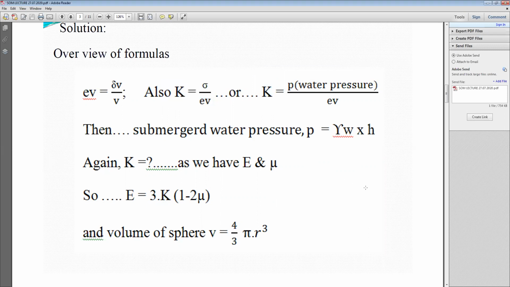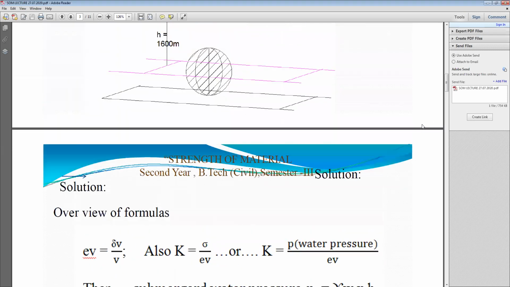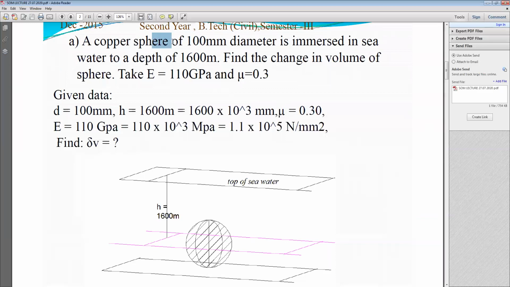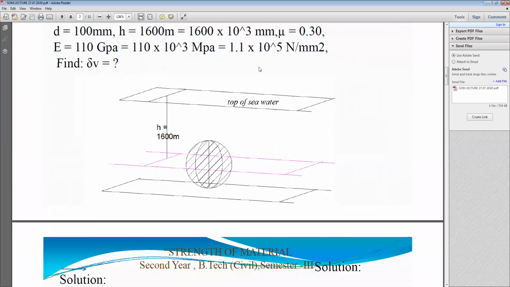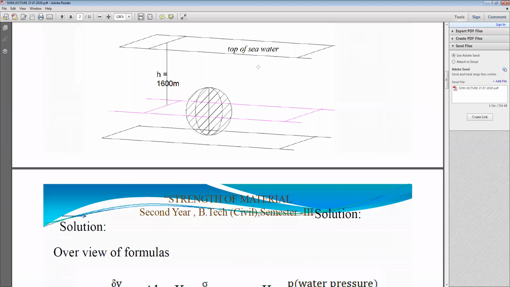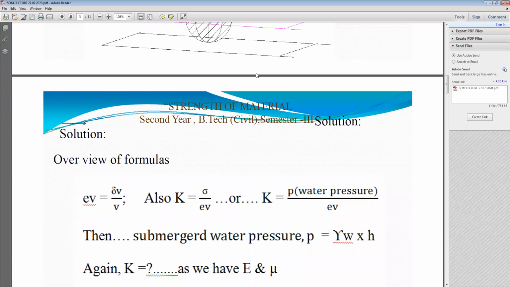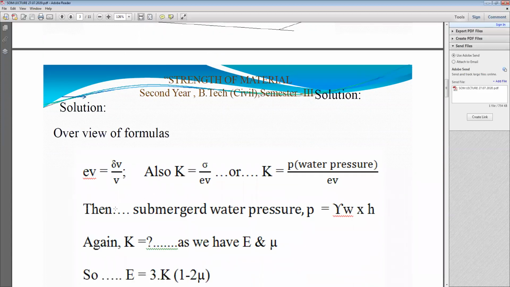The condition given by the examiner is that there is a copper sphere having a certain diameter, under pressure at a depth of 1600 meter with respect to the surface of the seawater. So there is a need to calculate the water pressure.